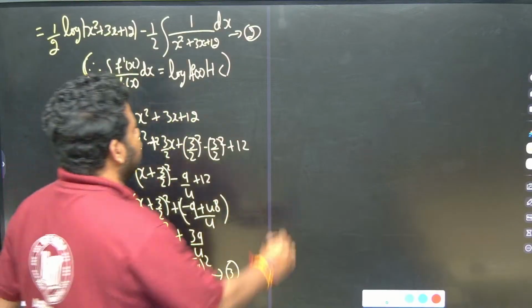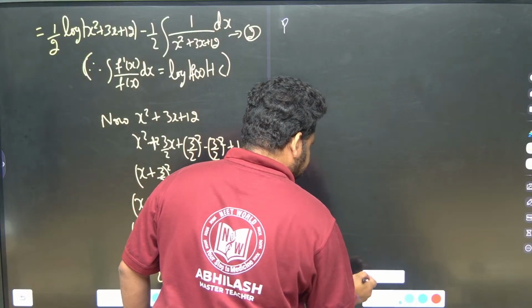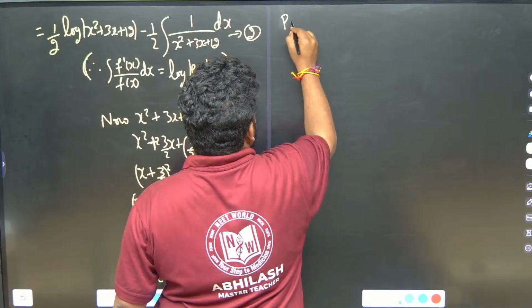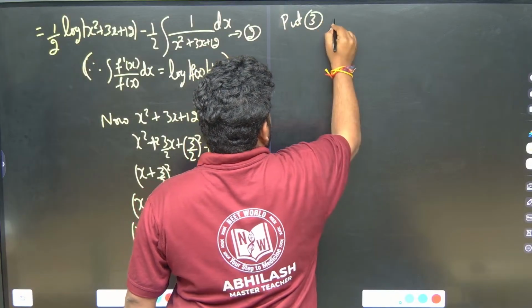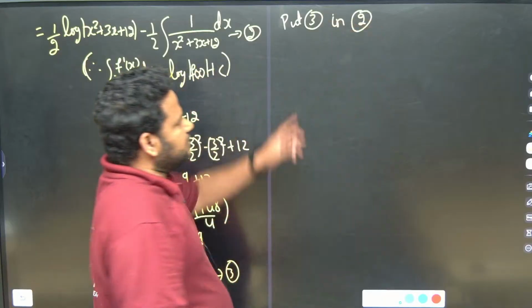Now put equation 3 in equation 2, not 2 in 3, you have to put equation 3 in equation 2.